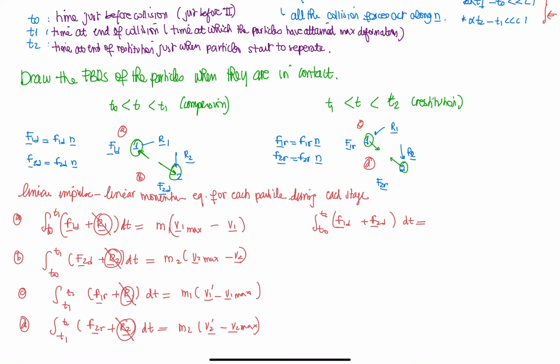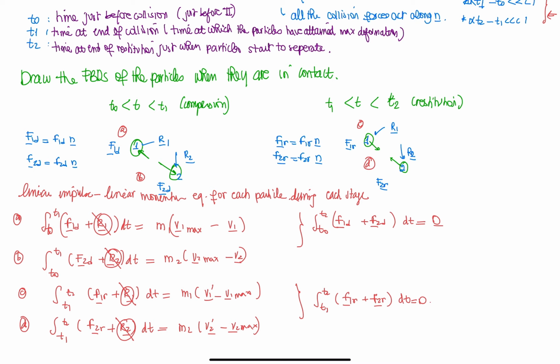Now you might say, oh, but I have the other forces R1 and R2, but I'm just going to say that their linear impulse is 0, because they're smooth and they're being integrated over a very small interval, so the linear momentum of the system is conserved. F1d and F2d will sum to 0. The same thing happens during restitution: T1 to T2 of F1r plus F2r dt is equal to 0.